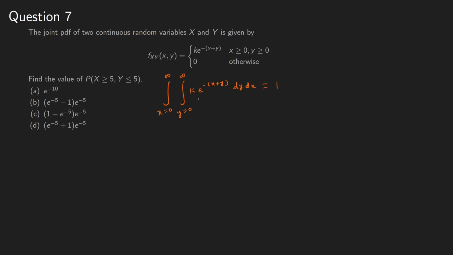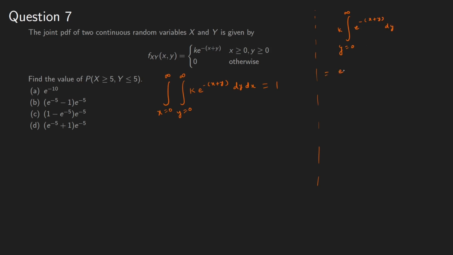Before doing the complete integration, I will do the inner integration separately. So, y from 0 to infinity, k times e raised to the power minus (x plus y) dy.